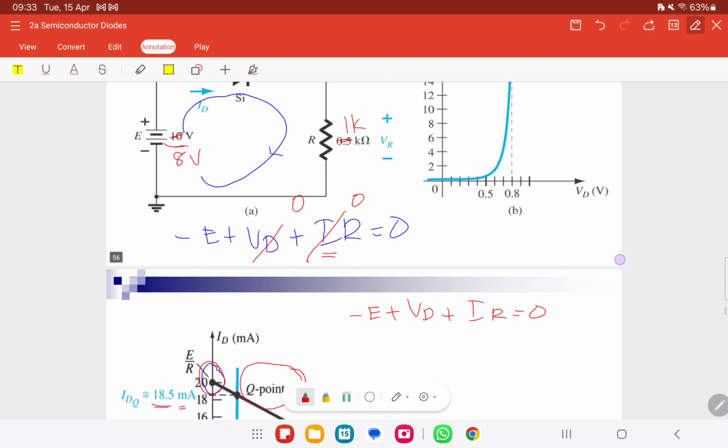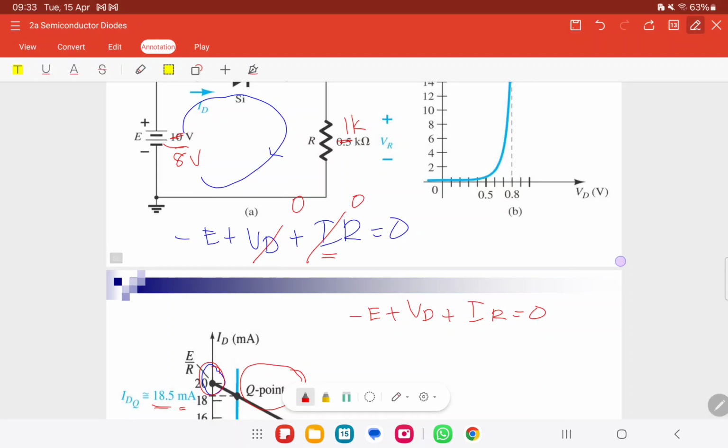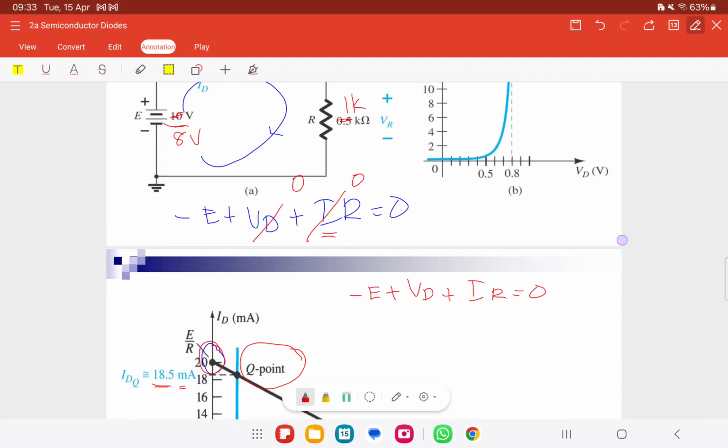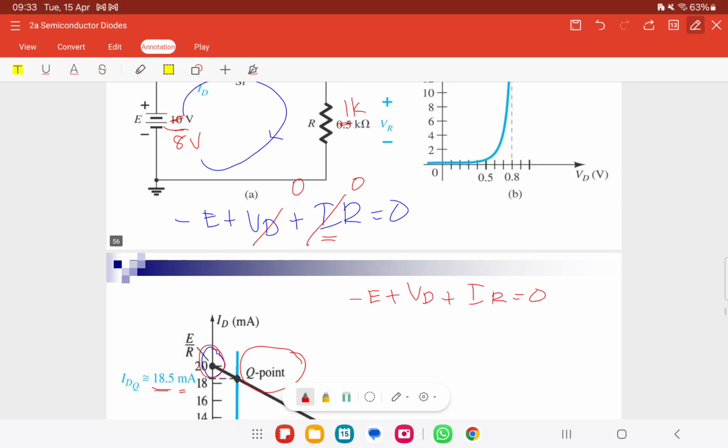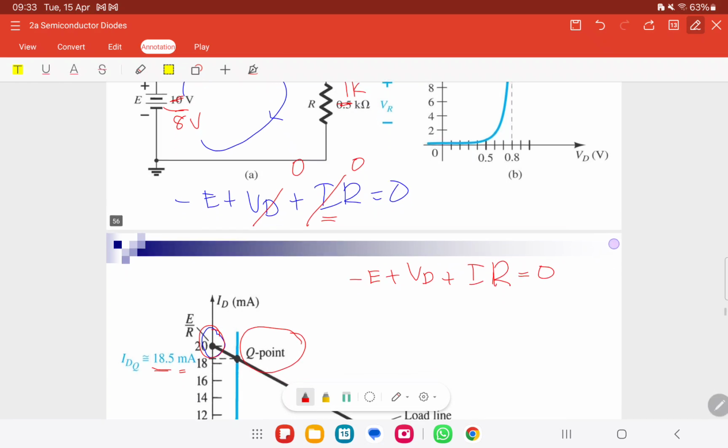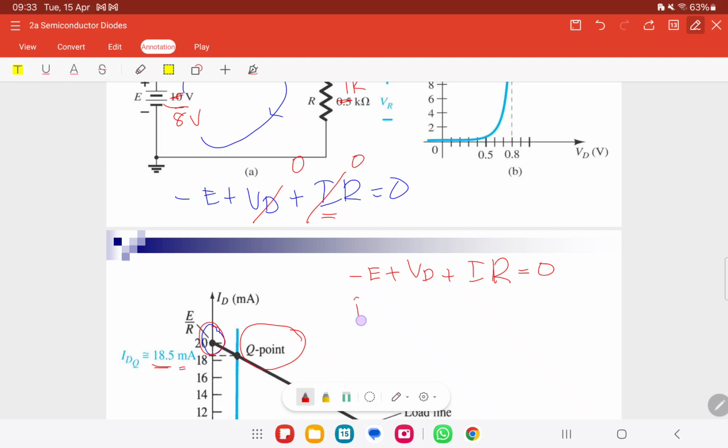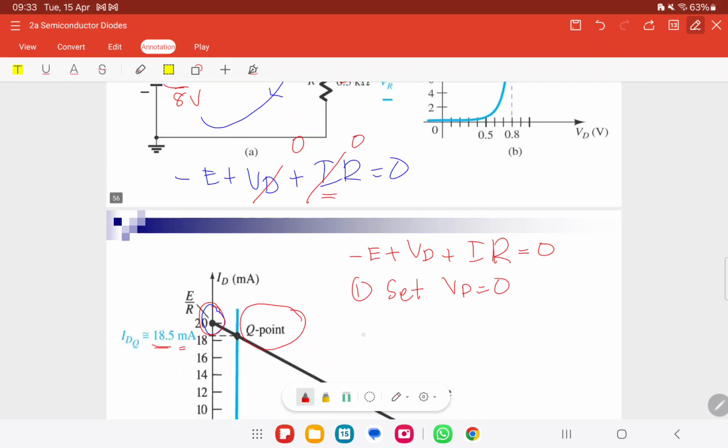So first, kita nak dapatkan the E dulu. We set VD equals to 0.